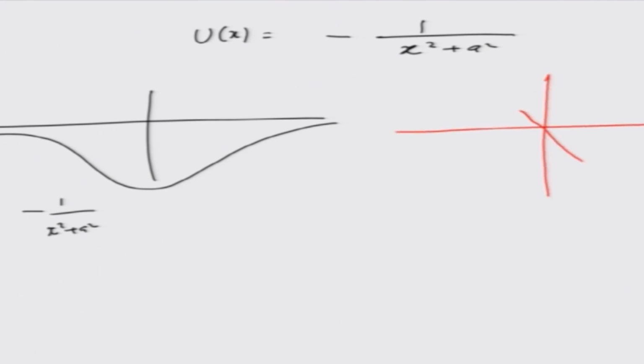So, it will be negative on this side and positive on the left side. You can see that now the potential energy has a minimum at x equals 0, and therefore a particle with small enough energy will be confined here. If it goes to the left, it will be pushed to the right, which is shown by positive force here, and if it is to the right, it will be pushed to the left, which is shown by negative force on this side.